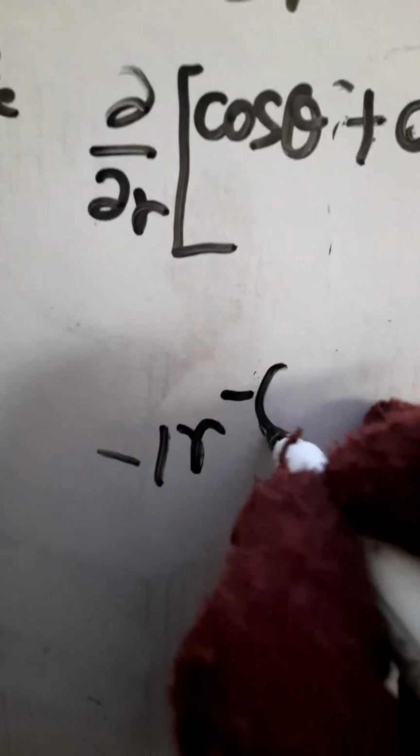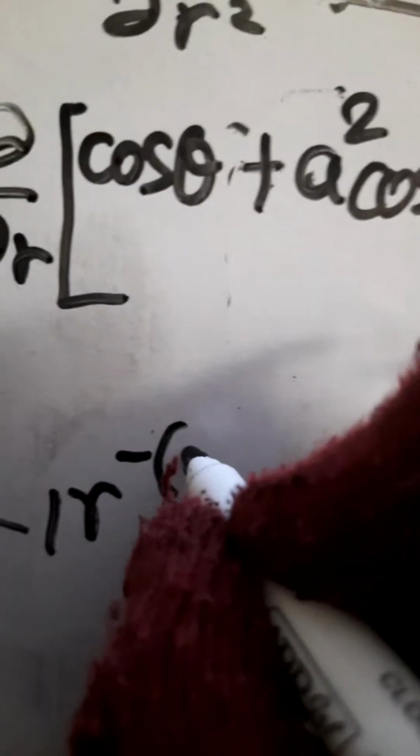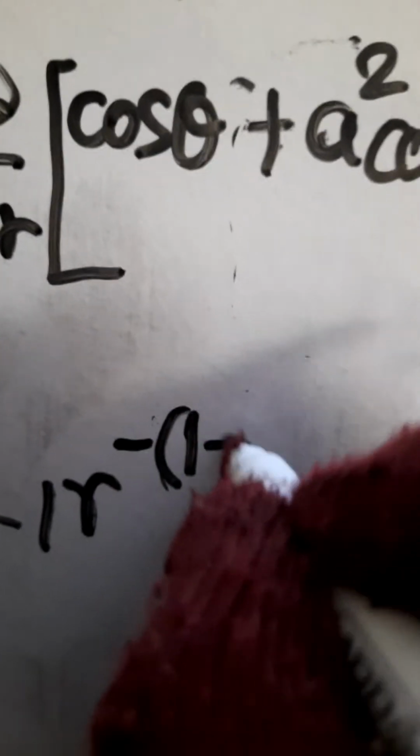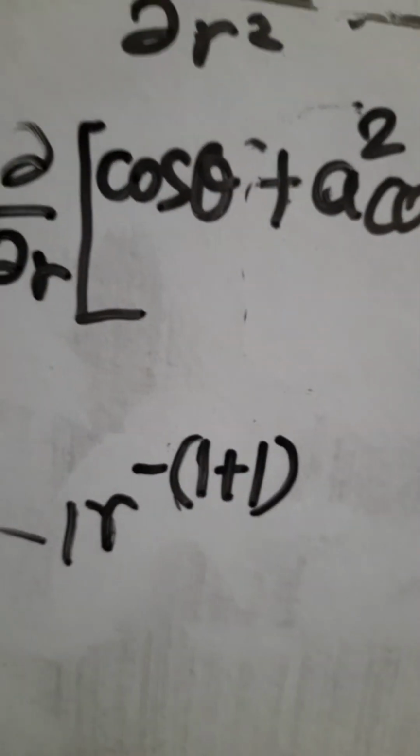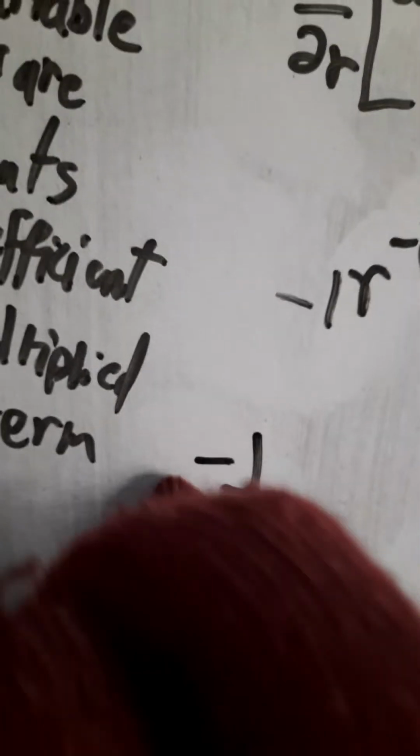Now, since these have the same sign, they would be added and the sign would be kept intact. Minus was taken out because both had minus common, so I did 1 plus 1. Because if I multiply minus 1 with minus 1 it would become plus 1, or divide it with minus 1 it would become plus 1. Like these would cut, right?